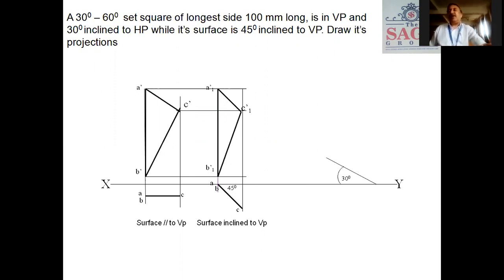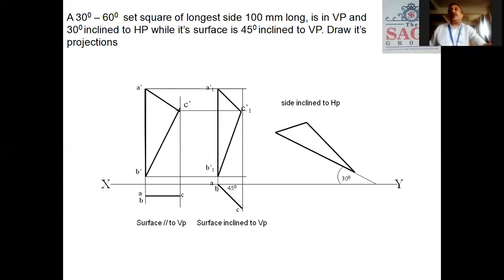First of all, draw a 30-degree inclined line from XY. Then on this line, redraw the previous front view such that the longest edge is on this line.